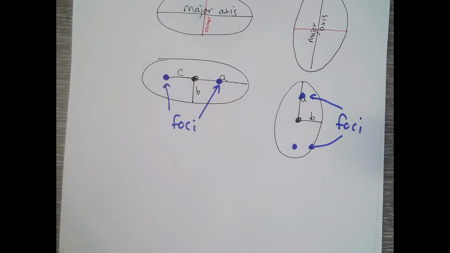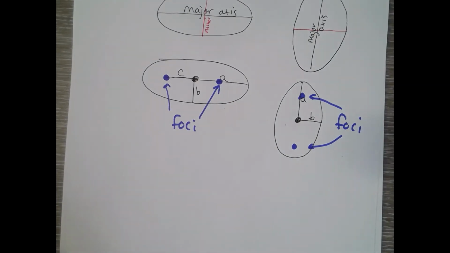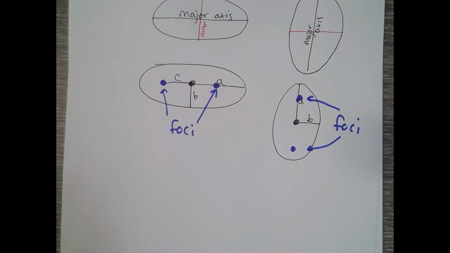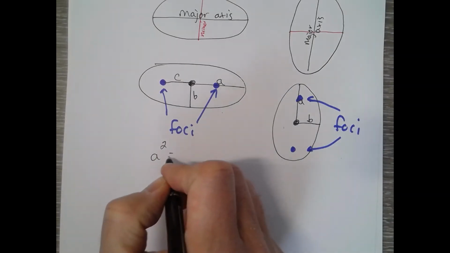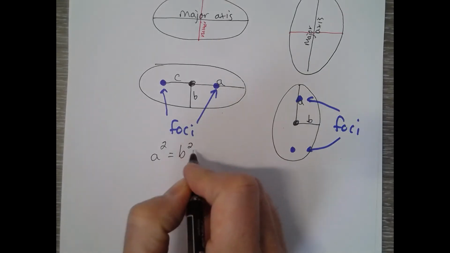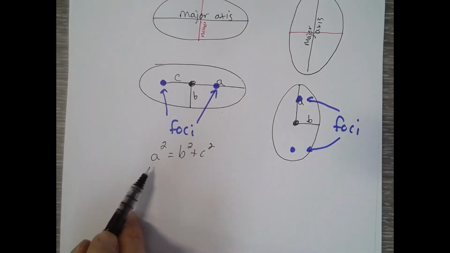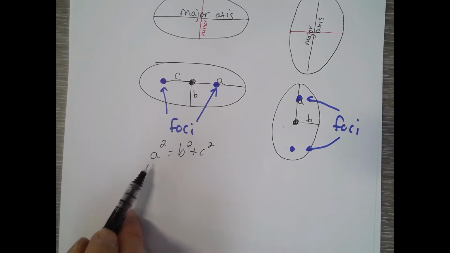So what's the biggest of those three, A, B, or C? This is important. A. Everyone sees that A is the biggest? Okay, so when we do our formula, we put the biggest on the side by itself, kind of like the hypotenuse of the Pythagorean theorem.